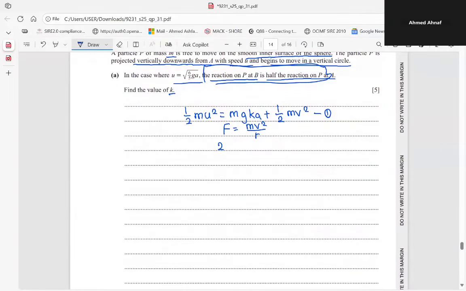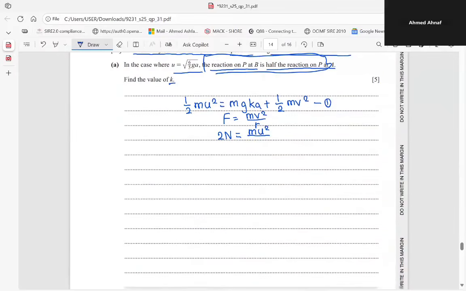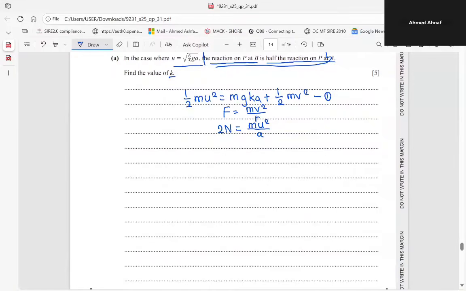So this is 2N equals m u squared over r. R is the radius, which is a, as the question told us. So this is 2N a equals m times u squared. So this is our second equation.